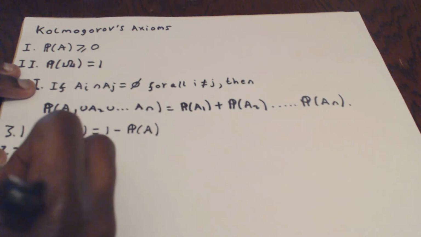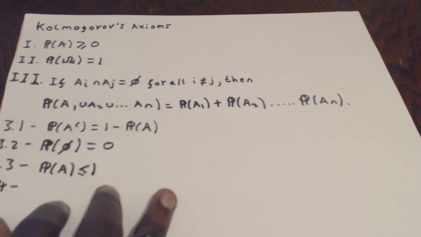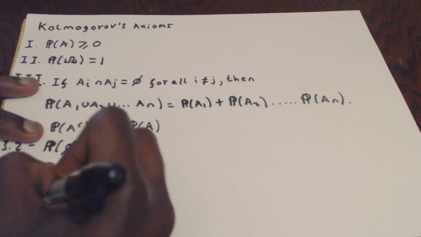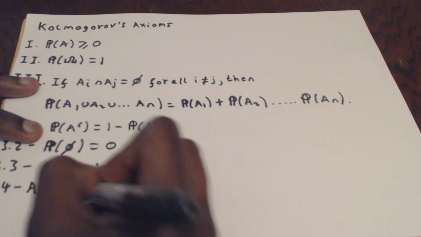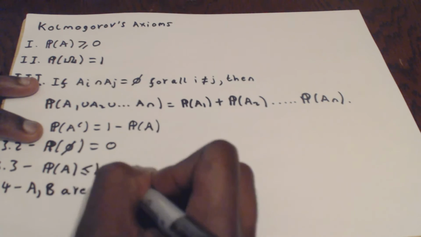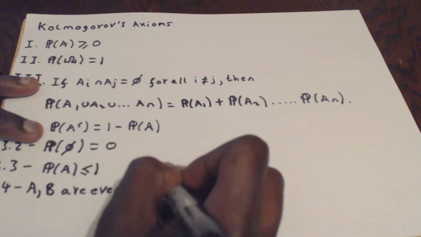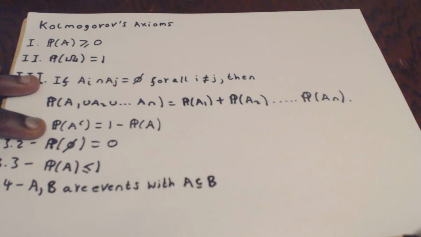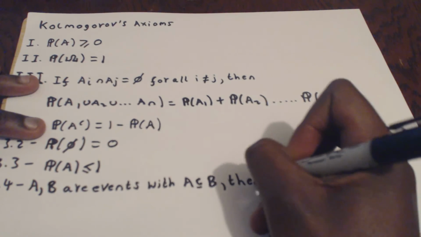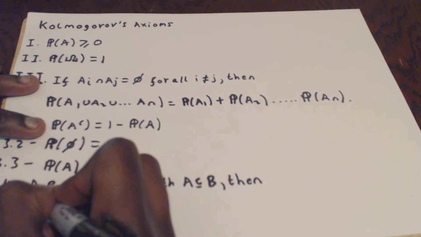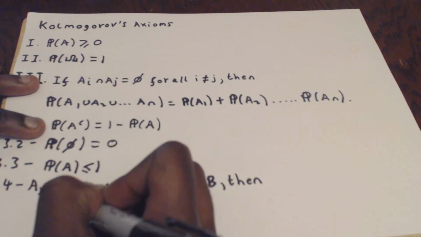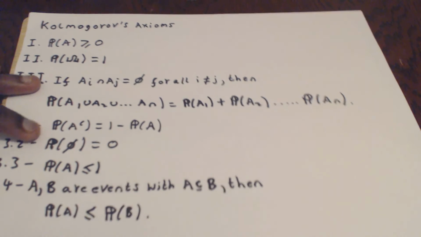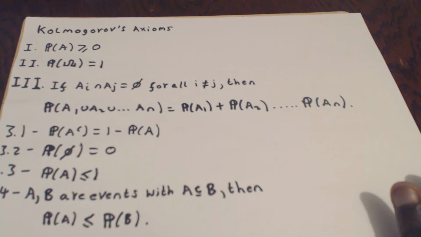Let's see, and 3.4, if A and B are events with A being a subset of B, then the probability of A is less than or equal to the probability of B. Again, this is, I guess, obvious when you understand sets.